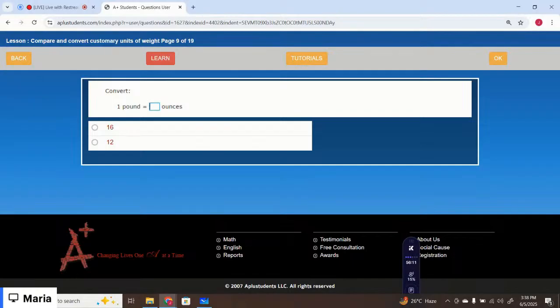1 pound equals how many ounces? 1 pound equals 16 ounces.